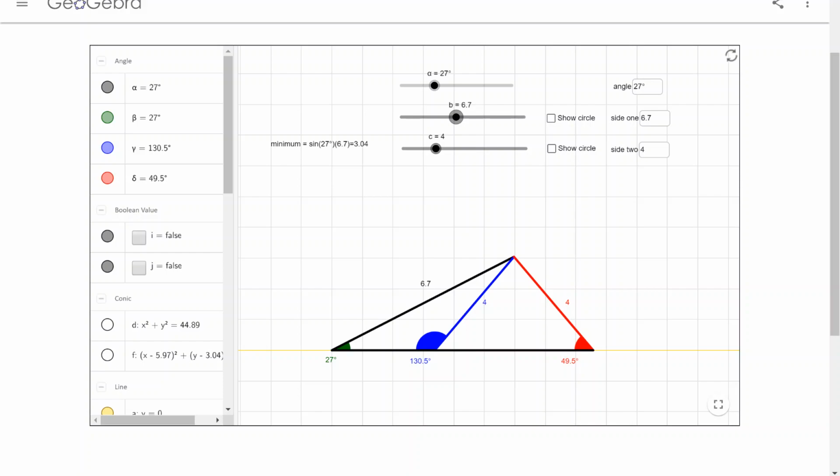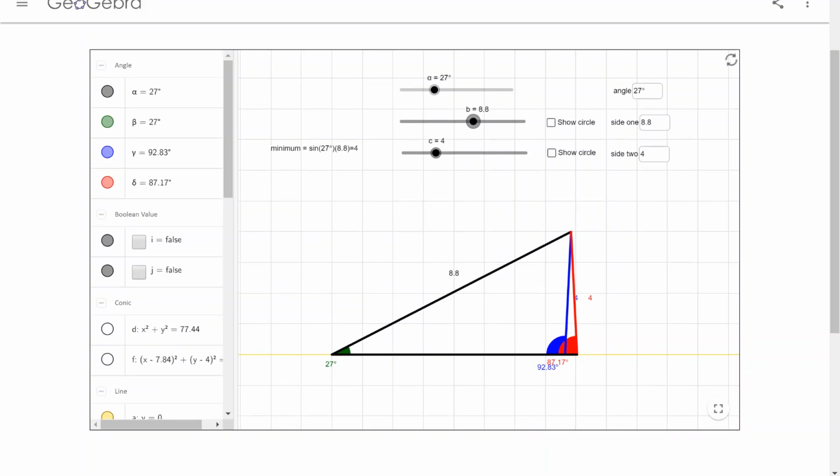So if we made the height of that triangle bigger than our opposite side, right? If our opposite side suddenly becomes smaller than our height, so if I drag this up more and more, at a certain point it becomes bigger than the height of the triangle, right?